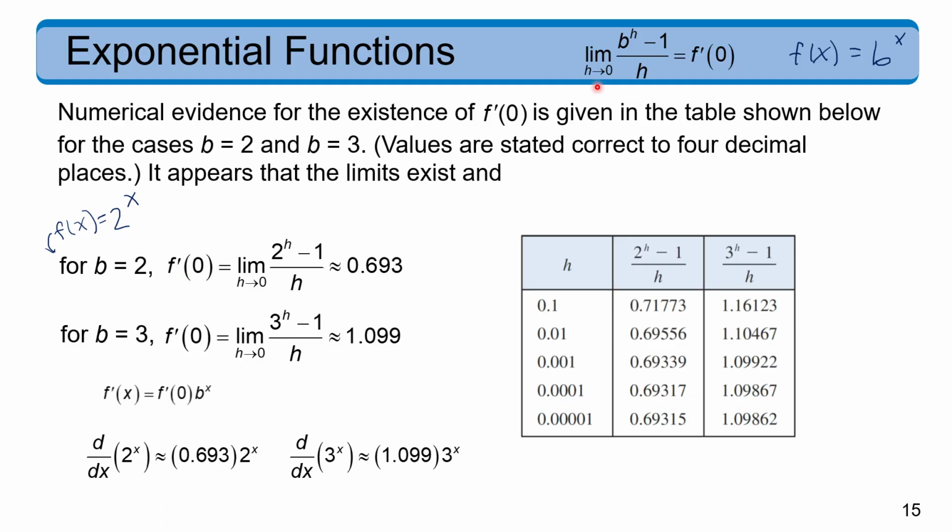So we just use this formula that we derived on the previous slide and plug in 2 for b. So it will be the limit of 2 to the h minus 1 over h, which we've written here. Now the problem is the methods we've learned for evaluating limits don't help us on this, right?